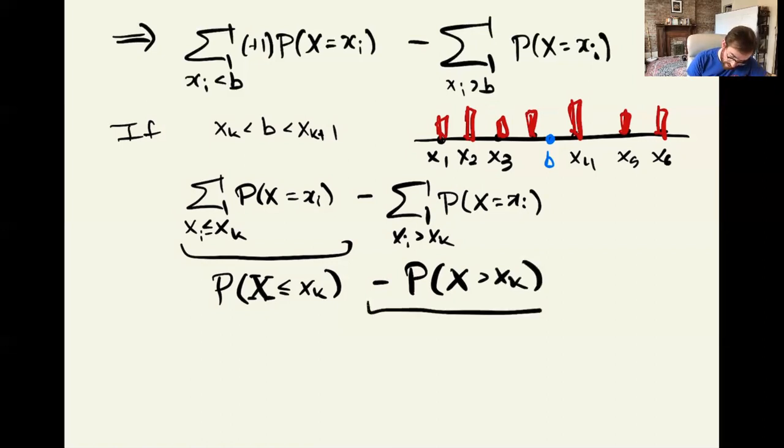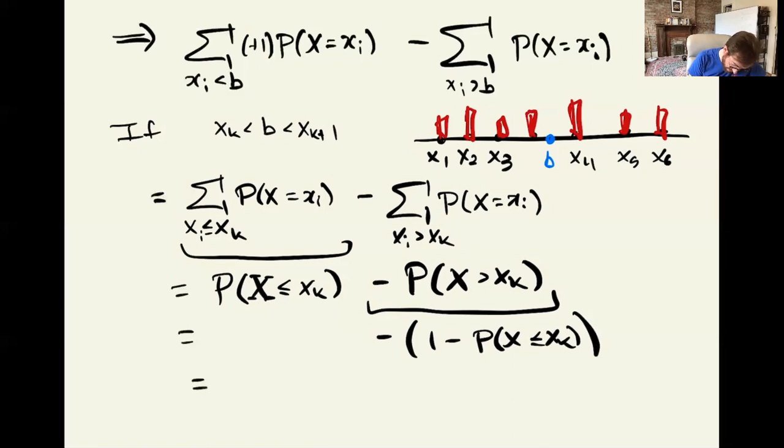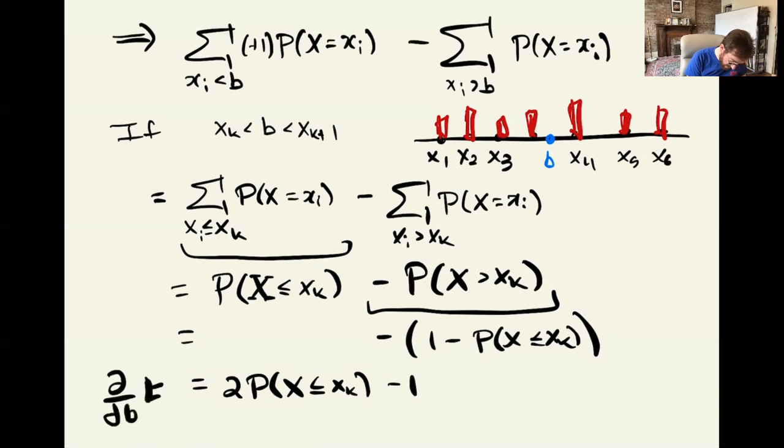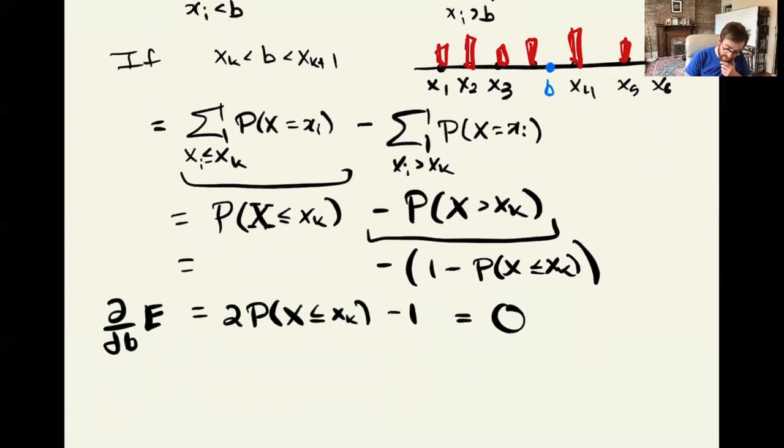But if you rework this a little bit, this should be the same thing as 1 minus the probability that X is less than or equal to xk. So again, I'm just continuing this. This ends up equaling, if you combine those terms, 2 times the probability that X is less than or equal to xk, minus 1. And this is the derivative d/db of my expected loss, which again, I want to set to 0 to minimize.